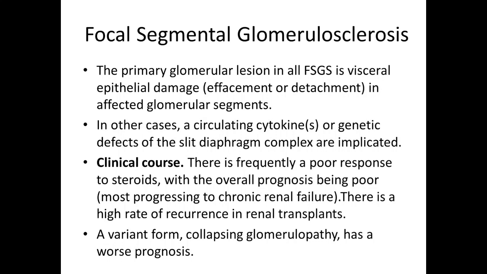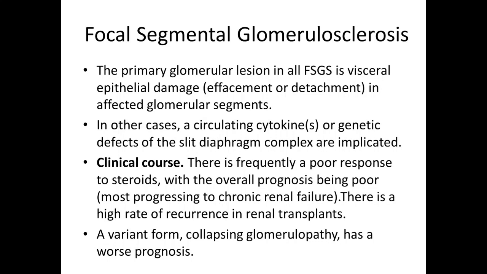In focal segmental glomerulosclerosis, the primary lesion is visceral epithelial damage, always with the affected glomerular segments. In other cases, guys, circulating cytokines or genetic defects of the slit diaphragm complexes are implicated.